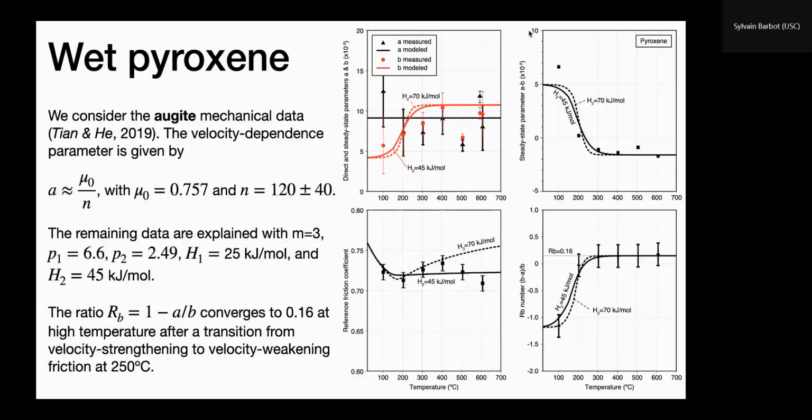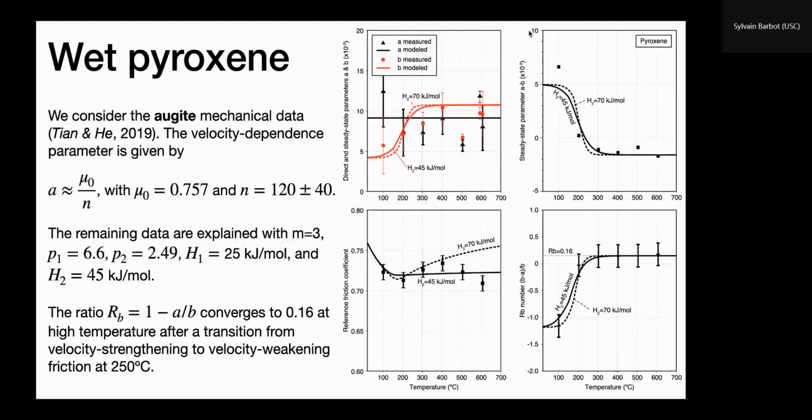So typically A minus B is much better resolved because that's the steady state value. But A and B can covary, so that adds a little bit of noise. If you look at the ratio of A over B, you can also eliminate some noise. So looking at A, B, A minus B, and A over B are different ways of looking at the same data that has some merit.